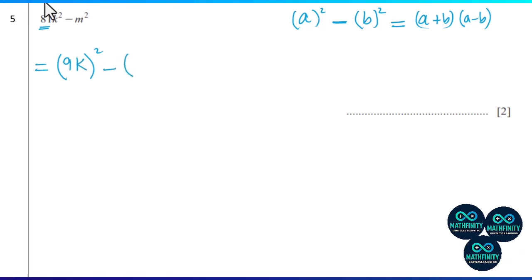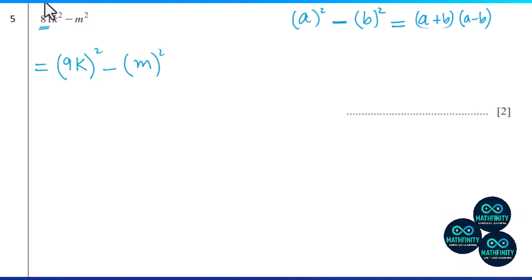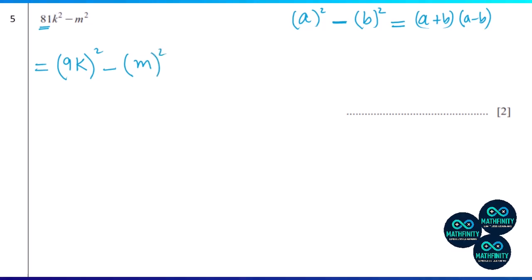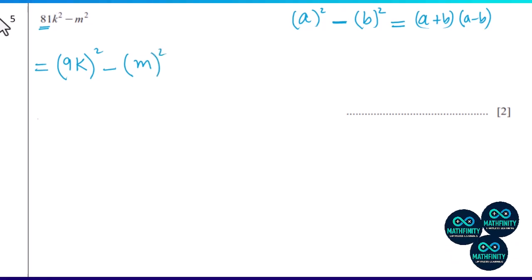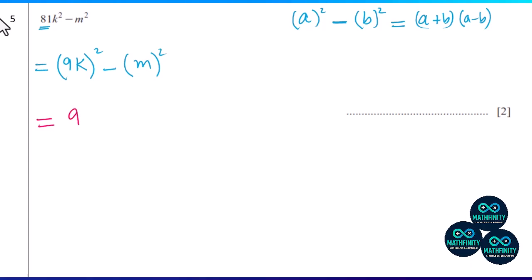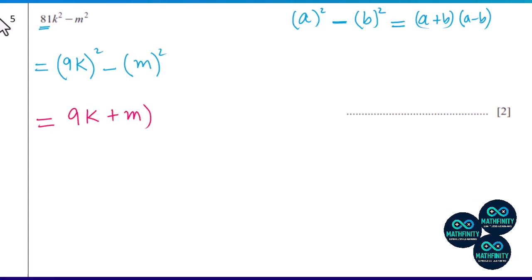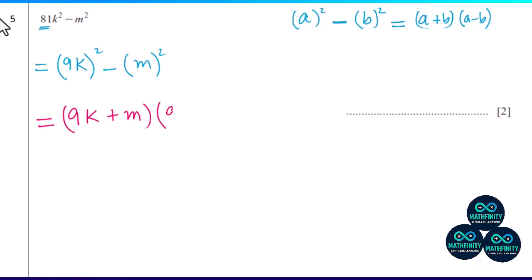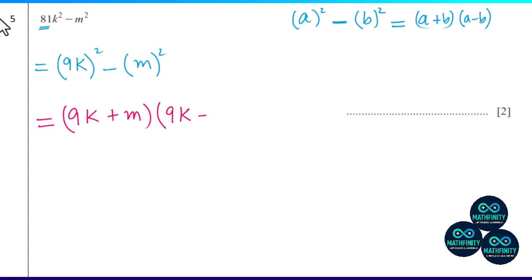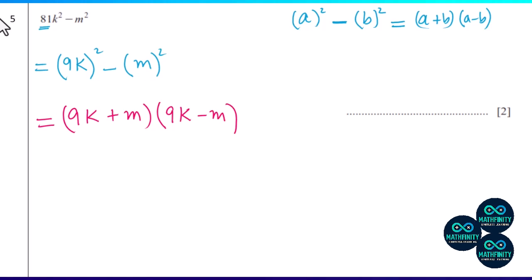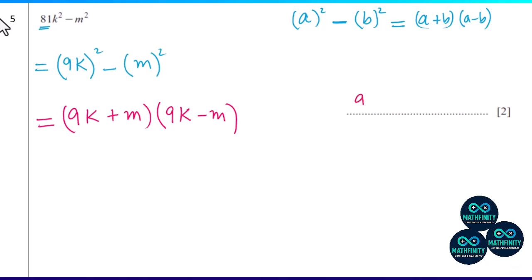In the second bracket, we can write m. We made the two squares and between them there is a negative sign. So we can write one time positive, 9k plus m, and one time negative, 9k minus m. This is the final answer.